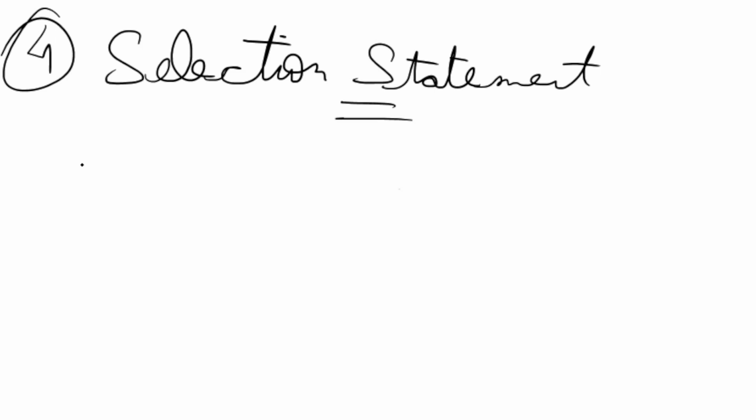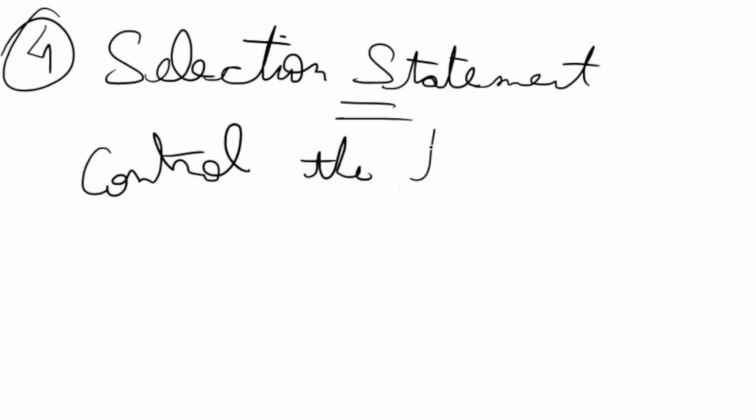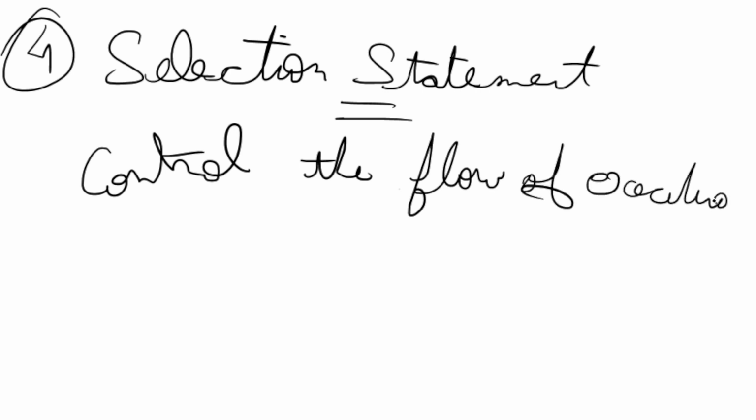Let's move on to the fourth one, which is the selection statement. Basically, it is used to control the flow of execution, based on several kinds of conditions, such as true and false.